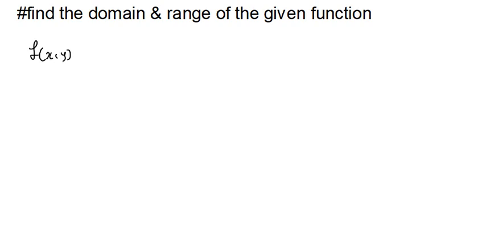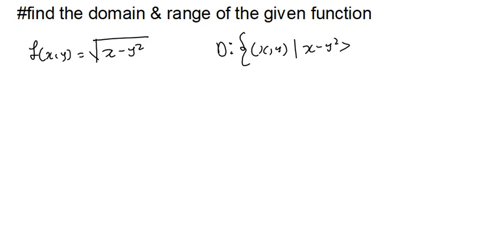F of x y is equal to the square root of x minus y squared. The domain for this one, we have x comma y there, would be where x minus y squared should be greater than or equal to 0. That's our domain. The range, you got it right. I believe you thought of this: 0 to positive infinity. That's the range.